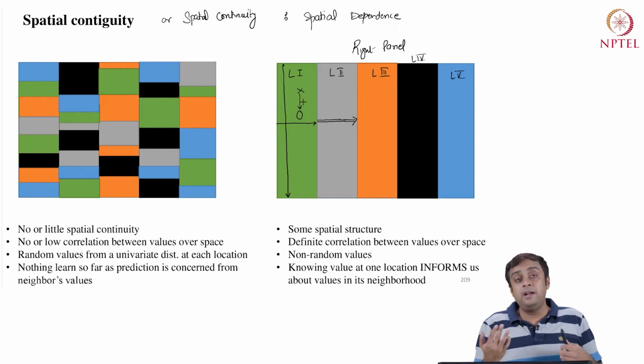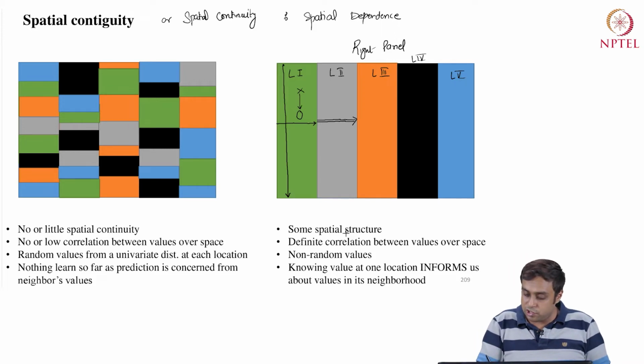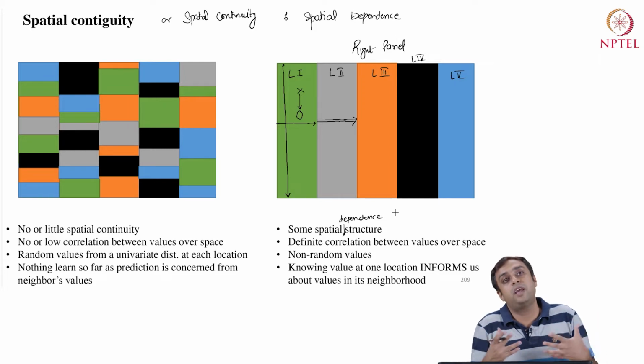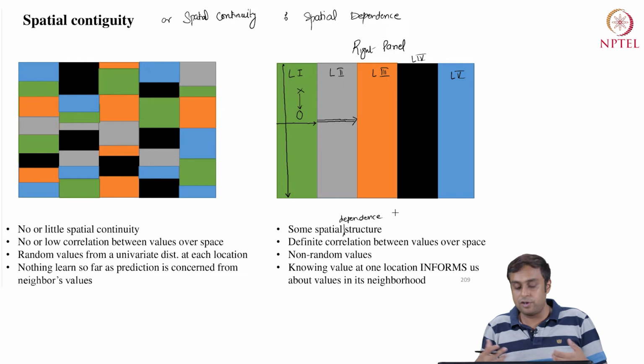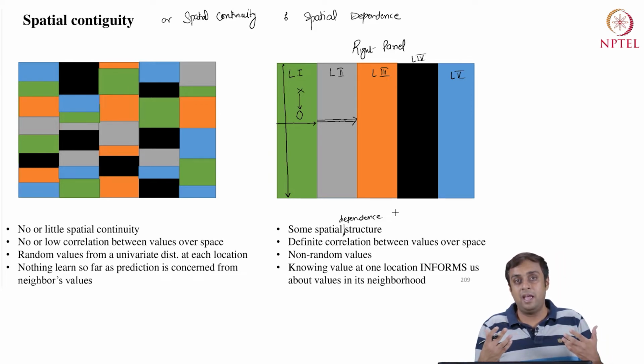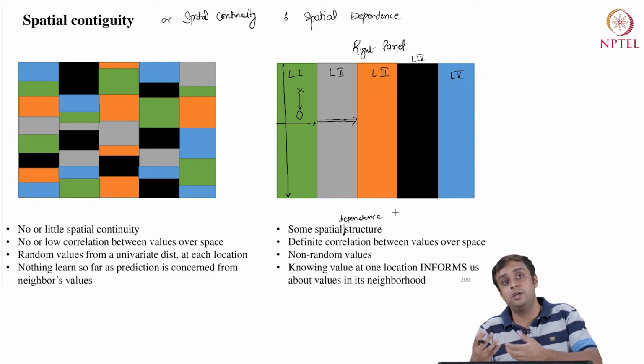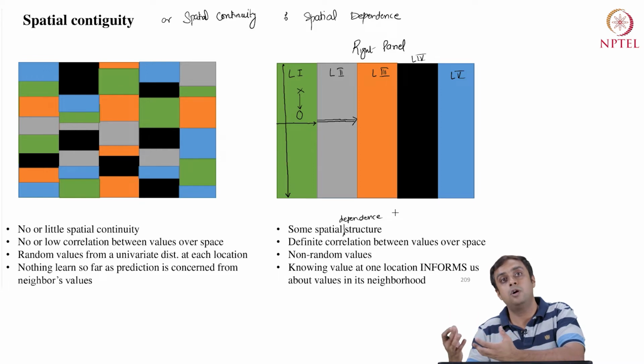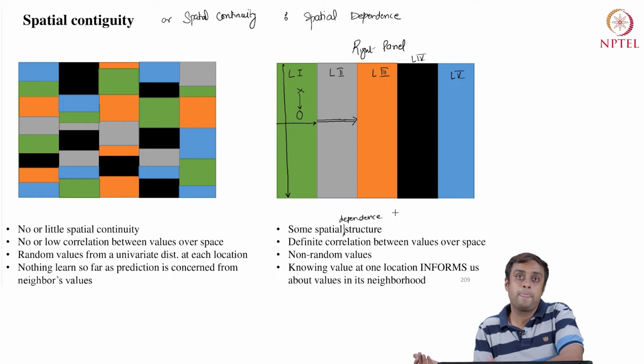And if you have some spatial dependent structure, which provides a definitive correlation structure over space, then we are looking at a scenario where we can use this information in order to predict values of a random variable at unknown locations, right?